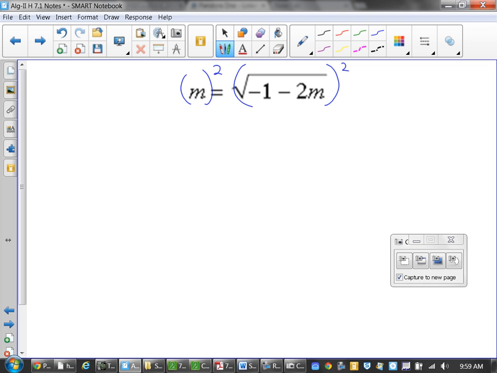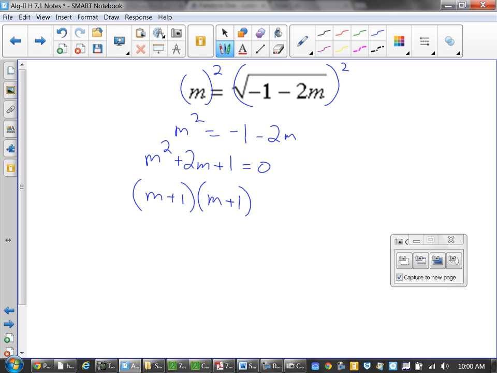So now I have m squared is -1 minus 2m. Add one, and set one side over to 0, so move everything to the left. What times what is 1? You add the other, get 2. What's your m? -1.